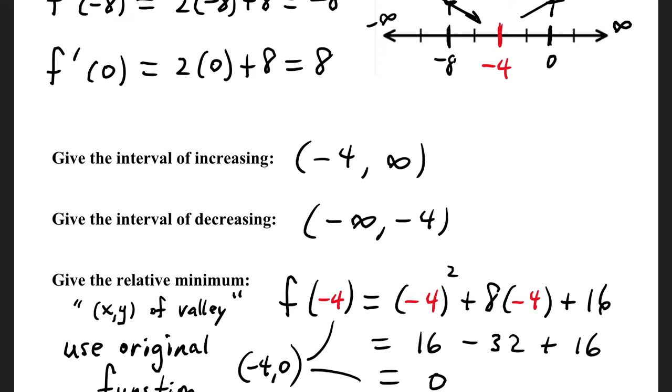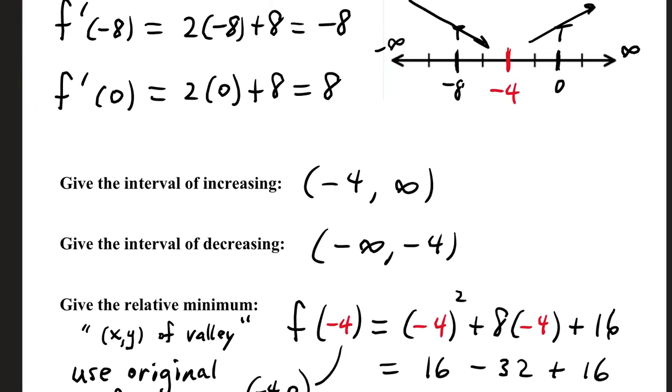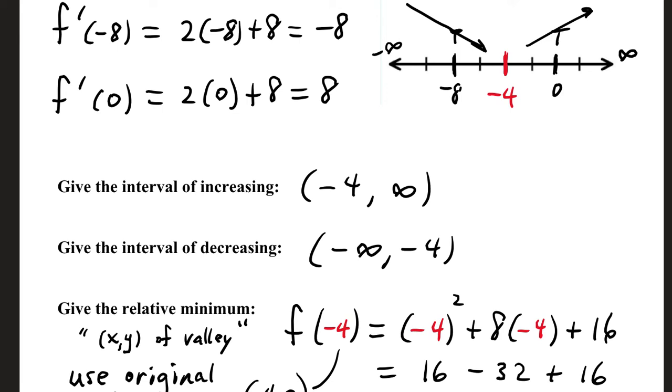Because we're looking for the point of the original function, use the original function and your critical number to get the y-coordinate of your relative minimum. So plugging the critical number into the original function is going to give us -4 squared plus 8 times -4 plus 16, and that totals out to 0.